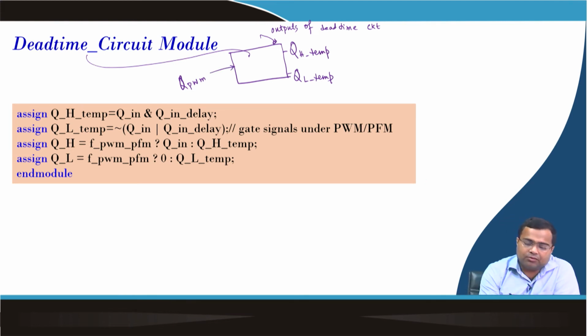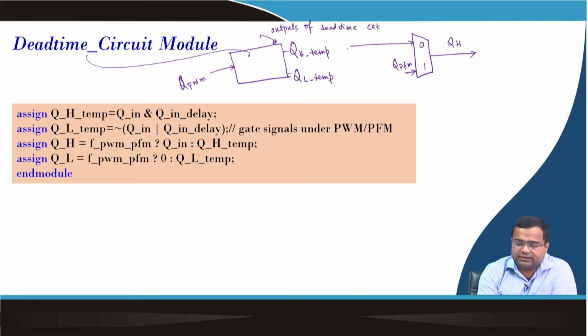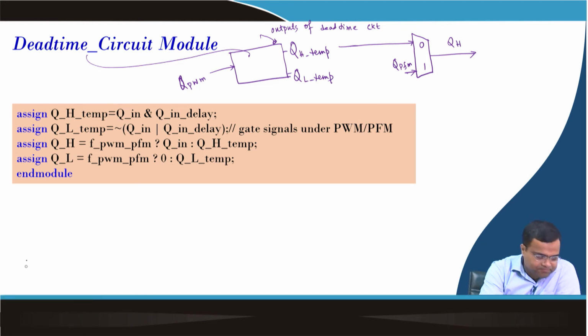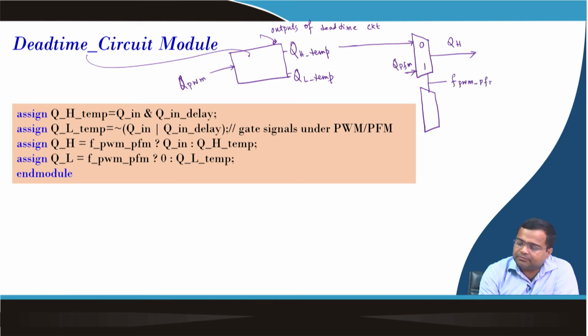Okay. Now, when the PWM comes, again it will take two paths. Q PFM 0, 1, this will be your Q high side gate signal, and this is again a PWM, PFM.